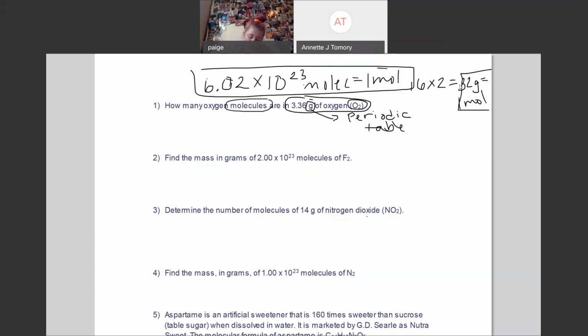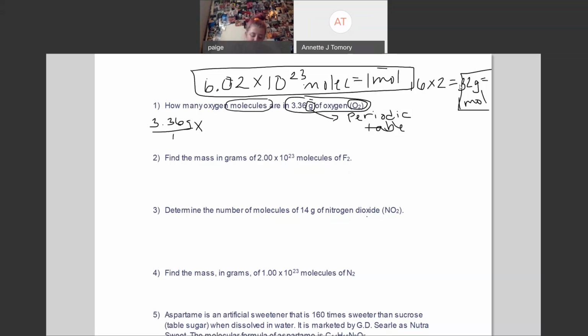Okay. So, how many oxygen molecules are in 3.36 grams of oxygen? What's my starting number? 3.36. So 3.36 is going to go over 1. If I have grams on top, what am I put on the bottom of the next one?